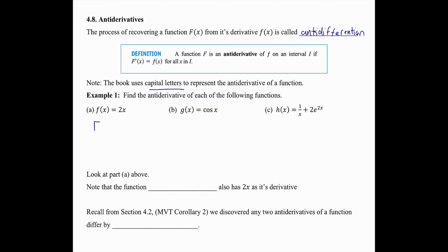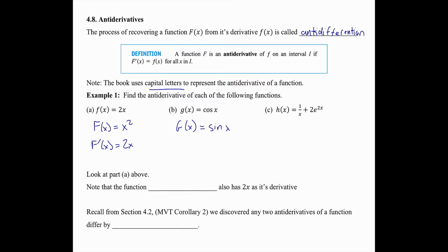Well, that means capital F of x is equal to x squared. And that is simply because if you were to take its derivative, f prime of x is equal to 2x. And we can continue in this manner, and then, for example, in b, g of x, well, we're given the derivative is equal to cosine, so the antiderivative should be sine of x.